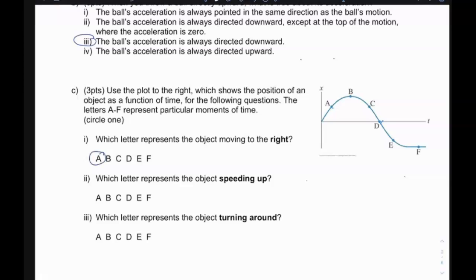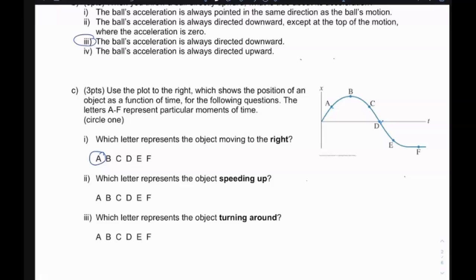The second question: which letter represents the object speeding up? Well, at point B, the object must have stopped because the slope is 0.